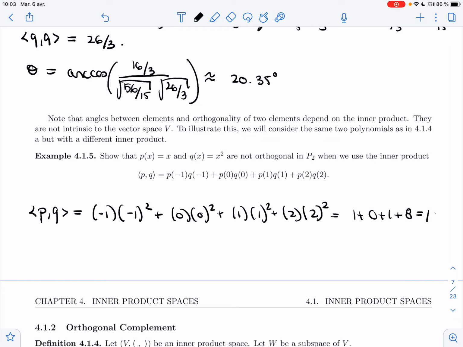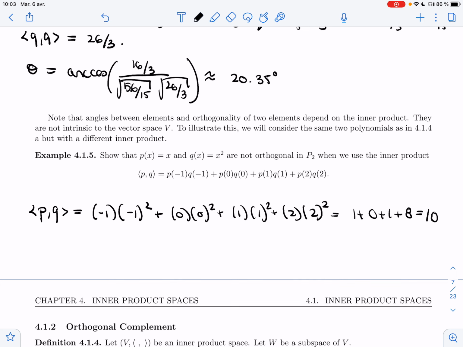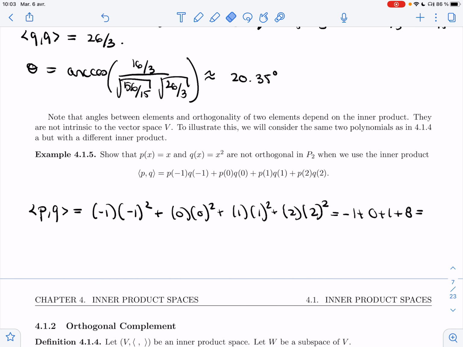So I'm getting 10. Oh, wait. Minus 1. Yes. So I'm getting 8. And so P and Q are not orthogonal.